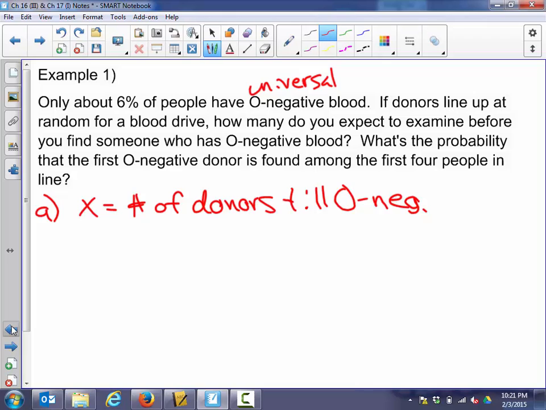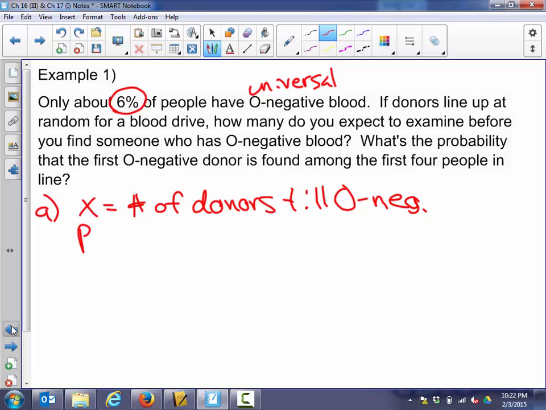Someone having O negative blood in the first case doesn't affect whether or not the second person has O negative blood. I guess technically that may not be a fair assumption because people might travel in families, in which case families tend to have similar blood types, but we're going to skip those details. So we'll assume that they're independent events, and finally, the probability of success is constant. 6% of people have this O negative blood type.